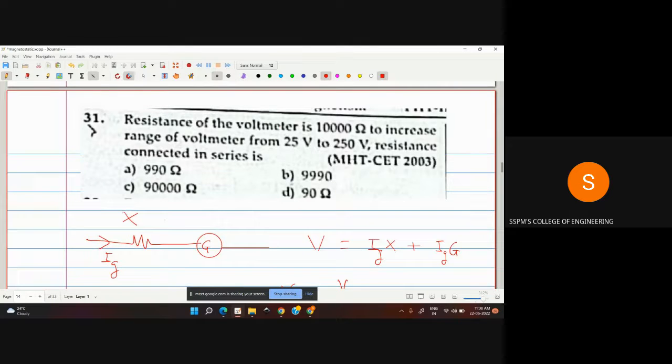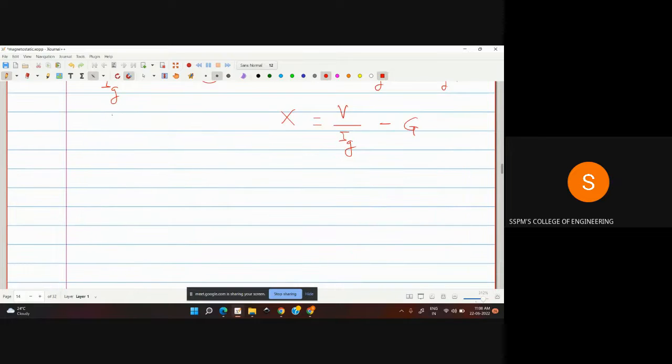The resistance of the voltmeter is 10,000. To increase the range of the voltmeter from 25 to 250. That means G is given, G is 10,000.